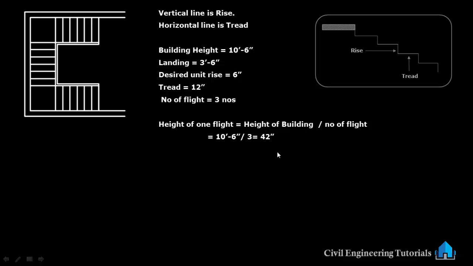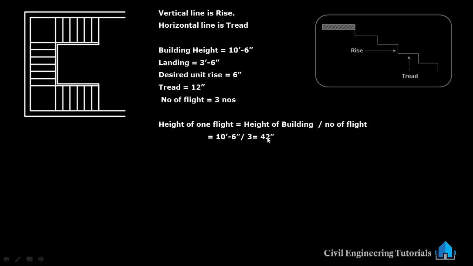So 10 feet and 6 inch divided by 3, that is 42 inch, or you can say 3.5 feet. So height of one flight is height of building divided by number of flights.